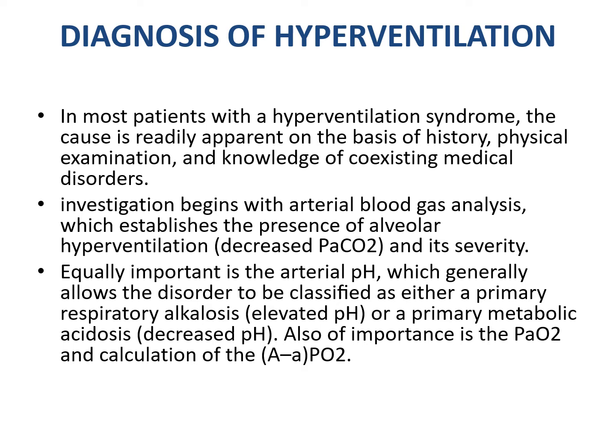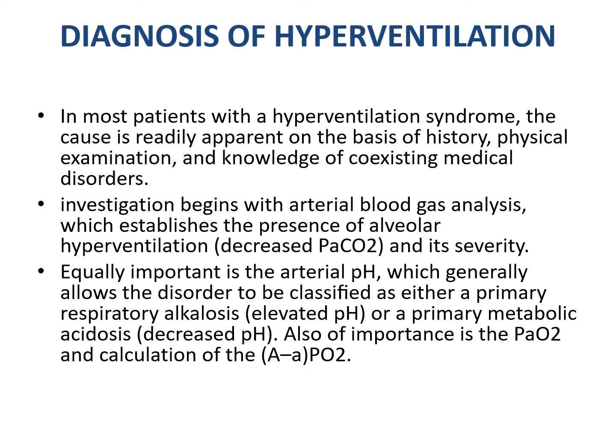Investigation begins with arterial blood gas analysis, which establishes the presence of alveolar hyperventilation and its severity. Equally important is the arterial pH, which generally allows the disorder to be classified as either a primary respiratory alkalosis, elevated pH, or a primary metabolic acidosis, decreased pH.